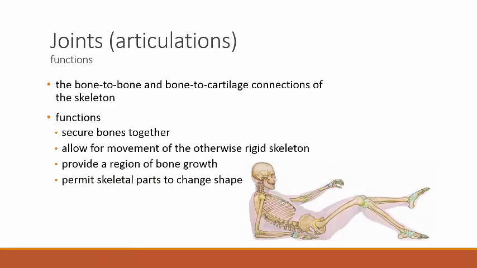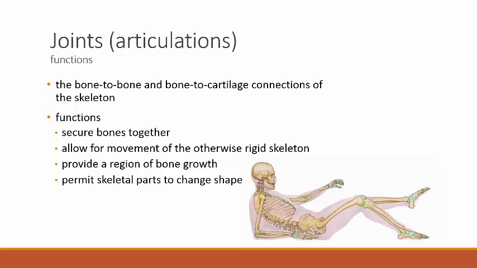So joints are the bone-to-bone or bone-to-cartilage connections that we find in the skeleton. And there are multiple functions for the joint. They can hold bones together, though not necessarily tightly, and keep them in their appropriate relationship to each other.